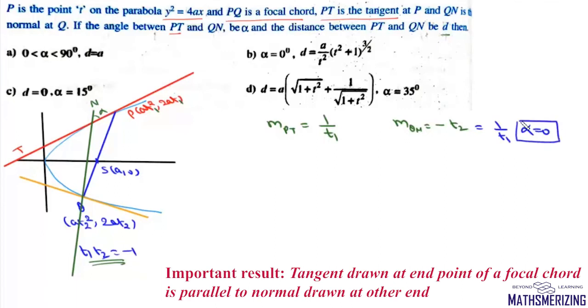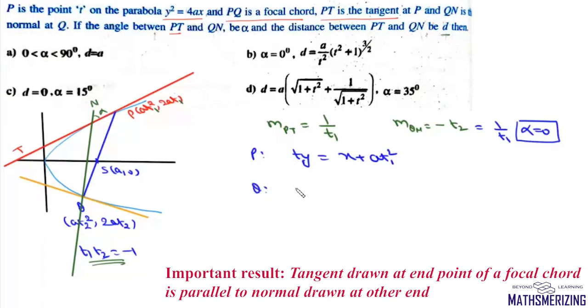Now if the value of alpha is 0, then we need to find the distance between these two lines. We know that the equation of the tangent at this point P will be ty equals x plus at square, or t1y equals x plus at1 square. Now what is the equation of the normal at point Q?